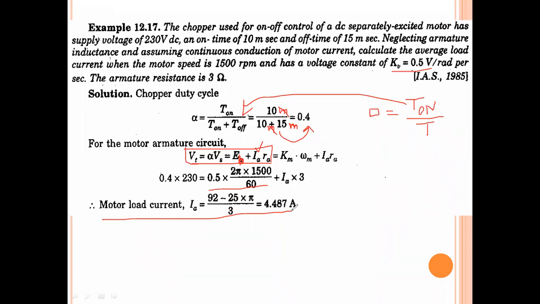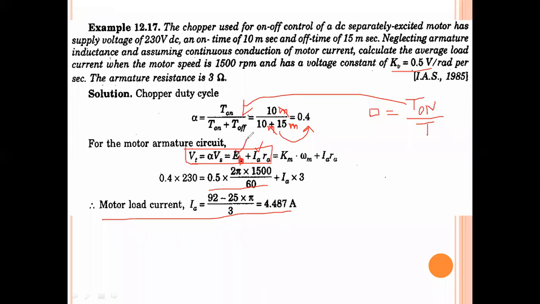Okay. So by seeing the given data, we must understand which equation has to be written to get the Ia value. This is how we need to solve this type of problem, by calculating each and every element that is given in the equation.